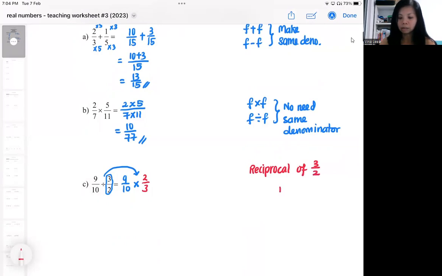The reciprocal of this is 2/3. So if you want to change the sign from divide to multiply, you do a reciprocal. You take the reciprocal of the fraction after the divide sign, not the fraction in front of the divide sign.